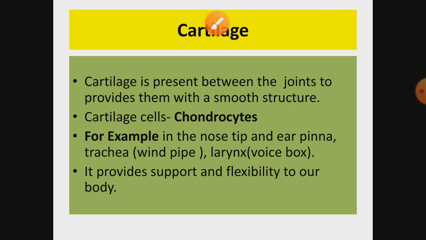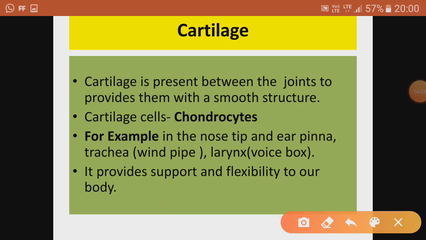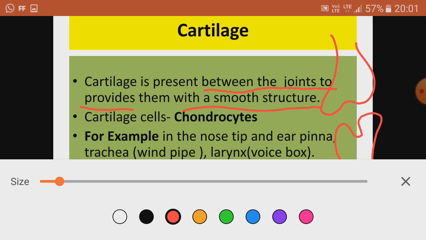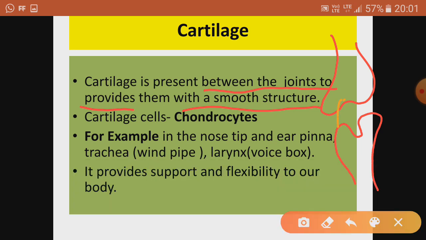Now the next type of skeletal connective tissue is cartilage. Cartilage is present between the joints to provide them with a smooth structure. For example, this is bone 1 and this is another bone, and the cartilage is present between the two bones, so that there can be easy and smooth movement between them.